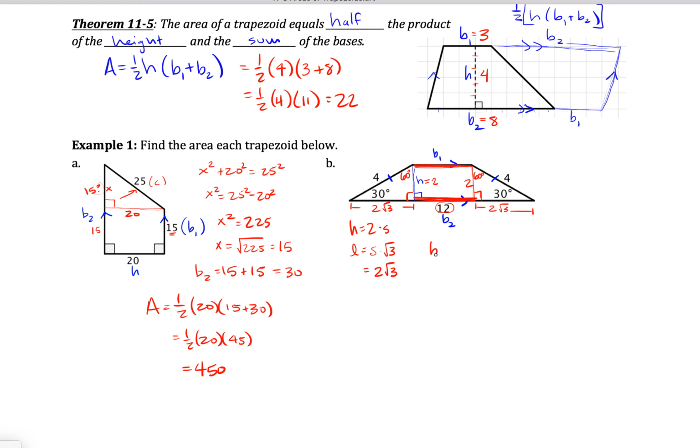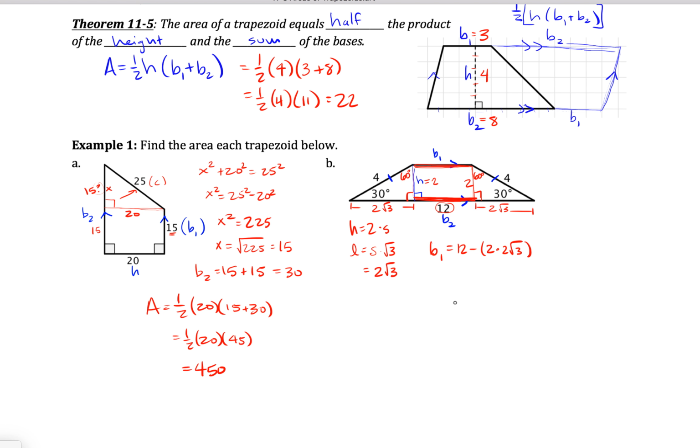So we're going to say that base 1 is equal to 12 minus 2 times 2 square root 3 is how I'm going to write that. Now I'm just going to go ahead and convert this into a decimal. You could deal with this with the radical and you could leave it like that. But I'm going to convert this to a decimal by using my calculator.